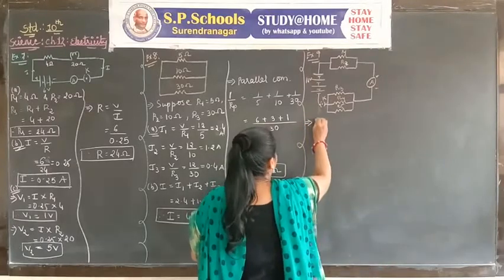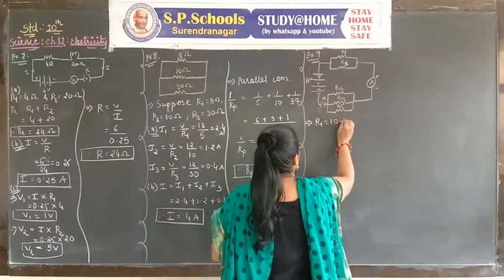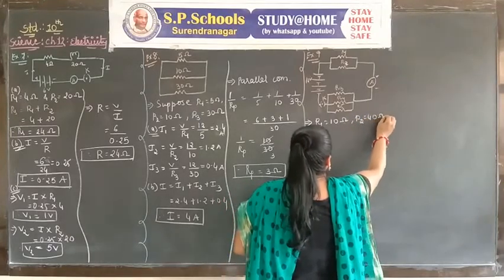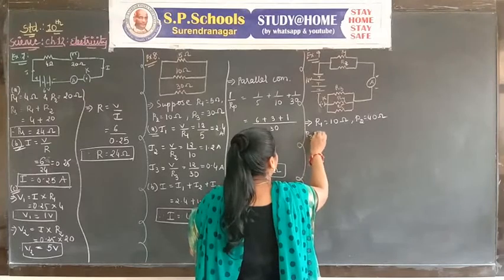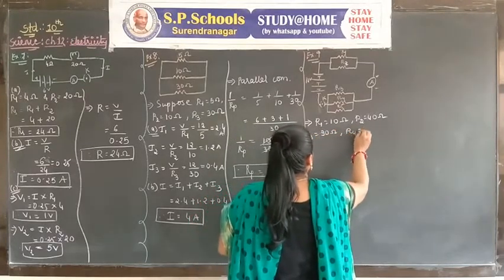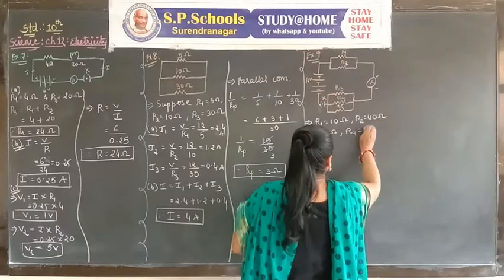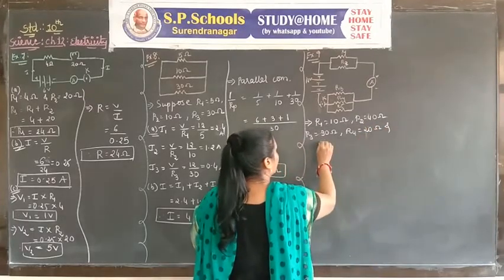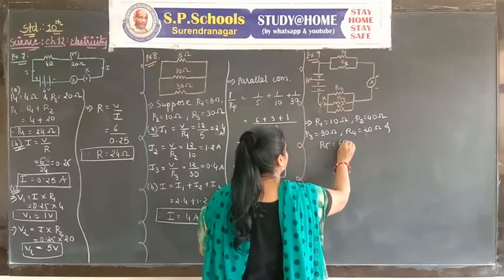We write it, suppose R1 is equal to 10, R2 is equal to 40, R3 is equal to 30, R4 is equal to 20 and R5 is equal to 60.